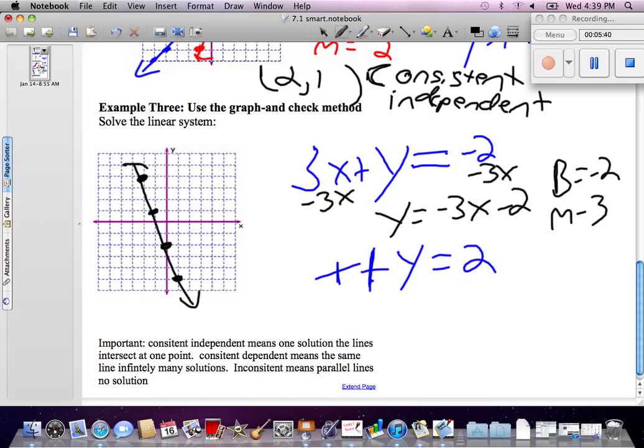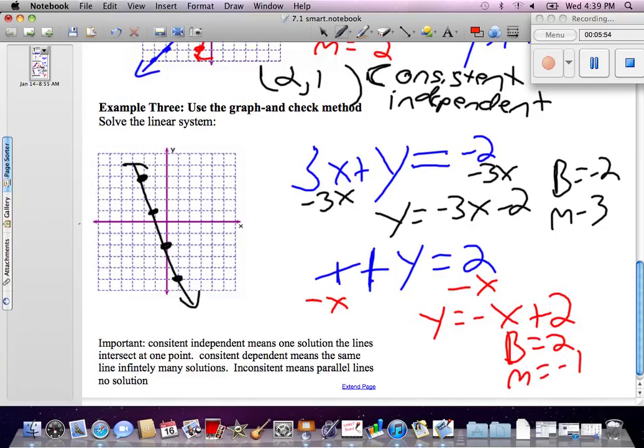For the next one, I'm going to do this in red. I'm going to subtract x from both sides. And I get y equals negative x plus 2. My y-intercept, my b, is 2, and my slope is negative 1 over 1. So I put a dot at 2, and then I'm going to go down 1 over 1, down 1 over 1, all the way down.